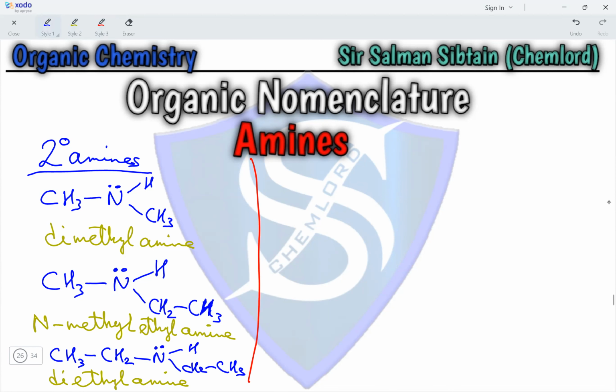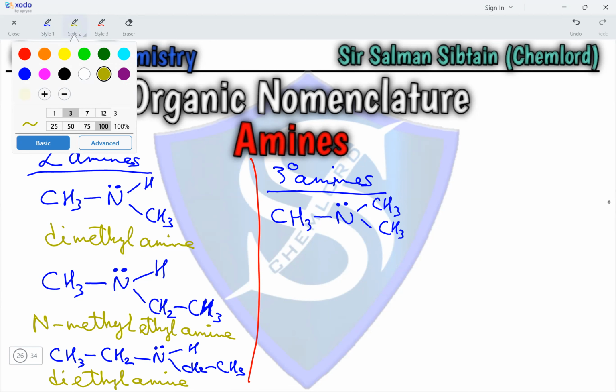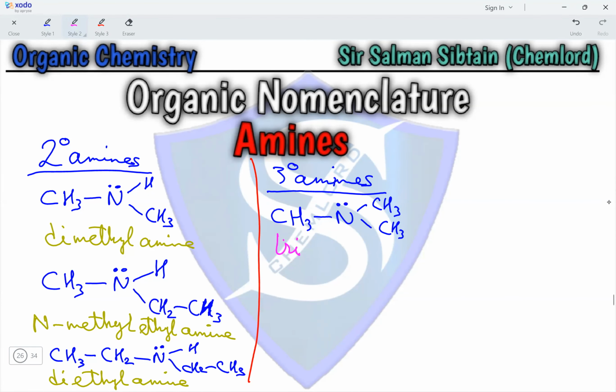Next, we would be naming tertiary amines. In tertiary amines, we have three R groups present on the nitrogen atom. This could be a CH3 group on the nitrogen atom at three different positions, which would result in the name trimethylamine.